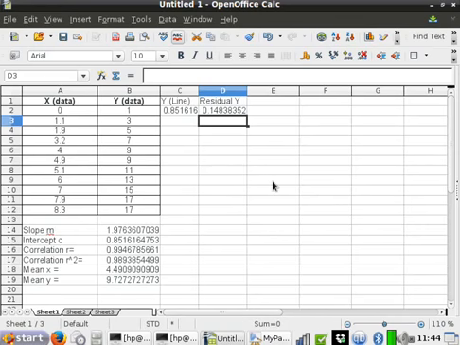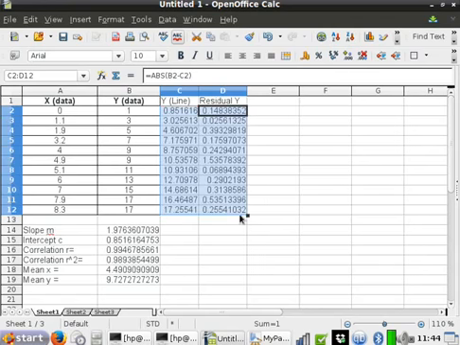Do you have it? Residual y? Can I go on? So what I'm going to do now is copy these formulas down to do it for all the points.